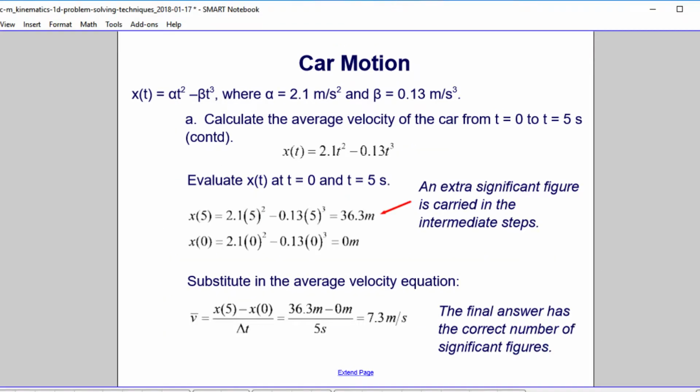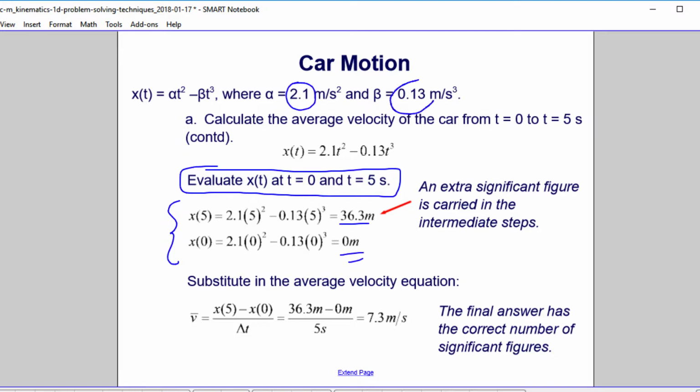Now that we have our equation, we will evaluate the position equation at t equals 0 and t equals 5 seconds. That's what we have here, and we find that x of 5 is 36.3 meters and x of 0 is 0. We only have 2 significant figures here in the problem, so our answer is limited to 2 sig figs.